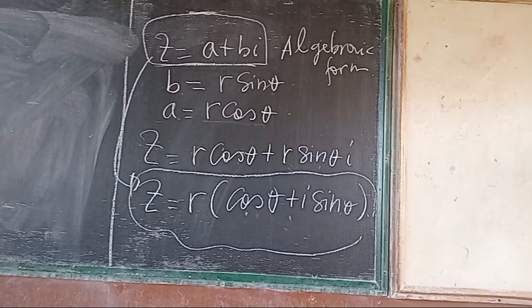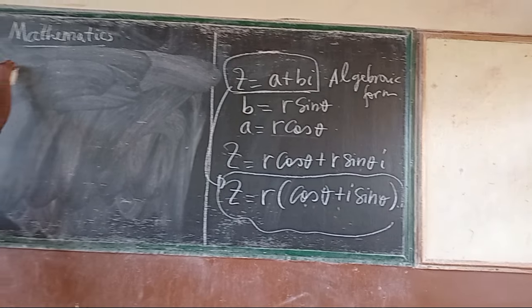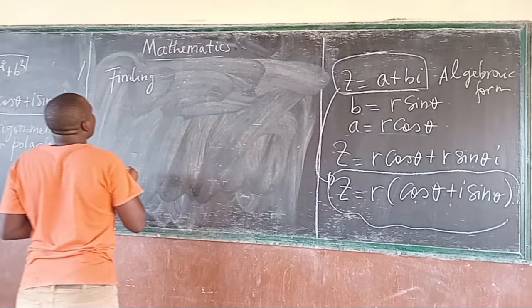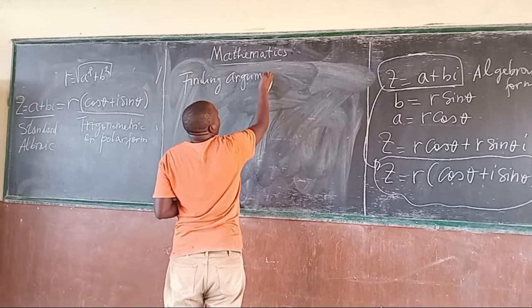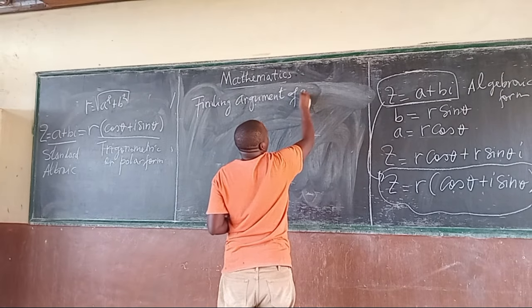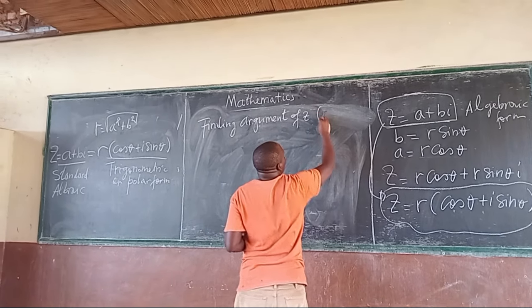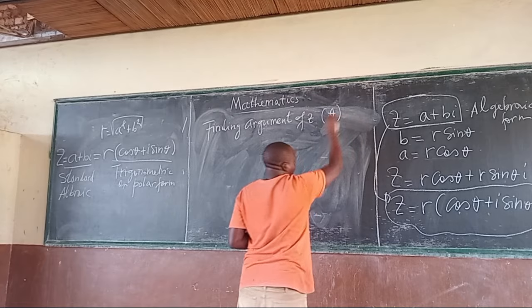We are going to discuss finding the argument of z. The argument of a complex number z is what we call theta.